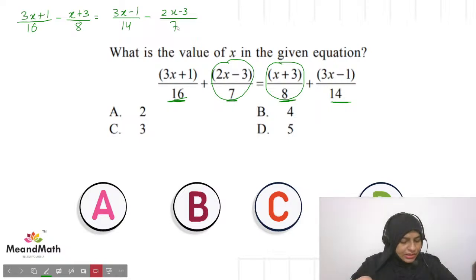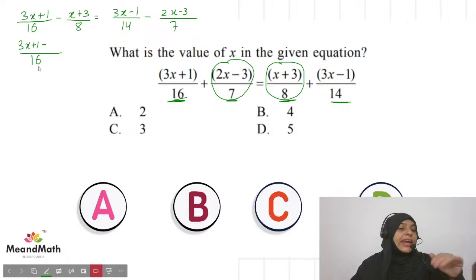Yes? Wow, Sidra, very good. Very quick answer. Well done. I'm waiting for the others. Try to solve it. So when we take the LCM, it is 16, right? So (3x plus 1) minus 8 times... it is 16.